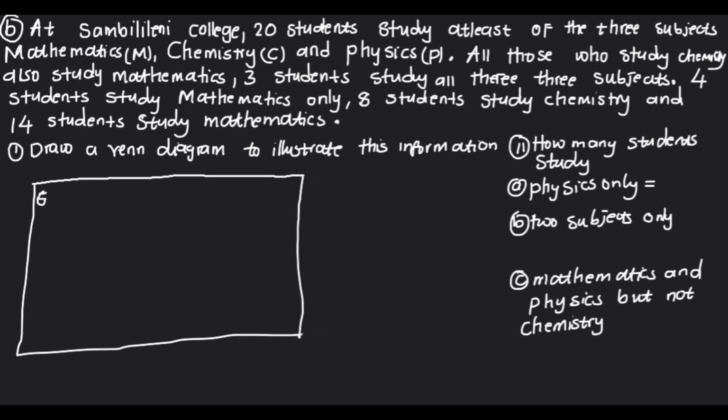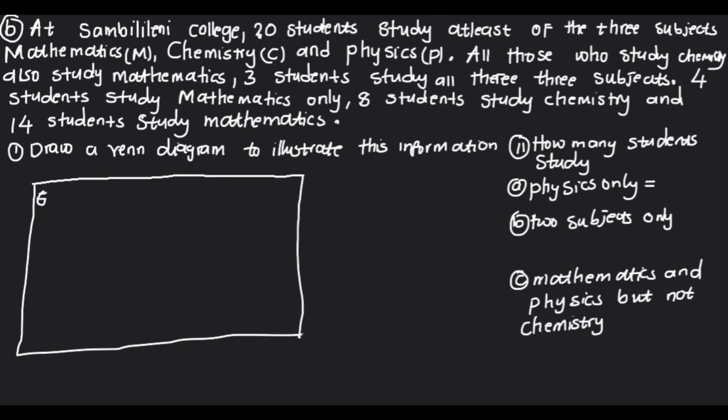Now let's look at what we are going to do for us to maintain the 20 students. So the key point here is for chemistry, we are told 4 students study mathematics only. Okay, 8 students study chemistry and 14 students study mathematics.